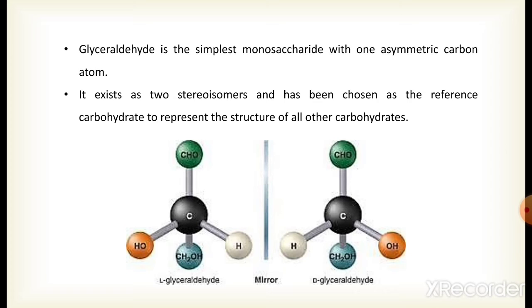This condition is basically considered for sugars with two or more asymmetric carbon atoms. If a sugar contains more than two asymmetric carbon atoms, in such cases the attachment of hydrogen and hydroxyl group around the lowermost asymmetric carbon atom is considered for the determination of D and L forms.